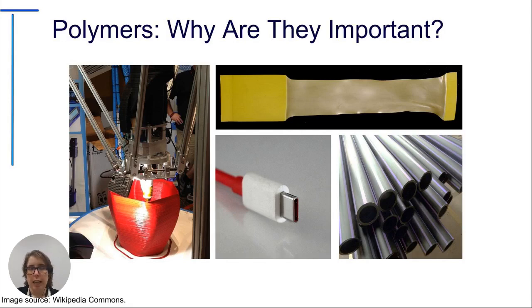So as my previous slide probably made the case for, polymers are ubiquitous in our modern world. I would be hard pressed to find a product in today's day and age that doesn't have a polymer involved in its materials of construction somewhere. Your USB charger probably has at least one, maybe two or three different types of polymer, just as one example.